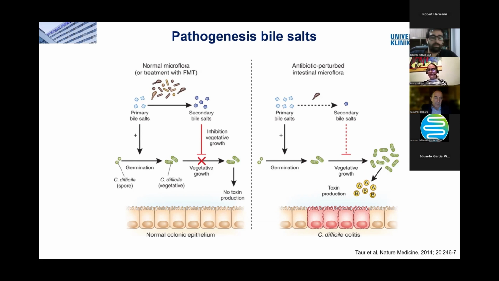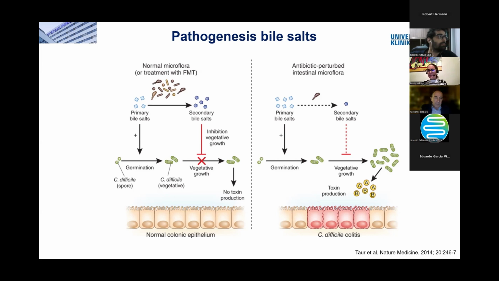So if we have an intact microbiota and we are confronted with Clostridioides difficile, we probably end up as asymptomatic carriers. But if we are faced with antibiotic exposure and our microbiota is diminished, as we can see in this picture, reduced in its diversity, then the microbiota is not able to transform the primary into the secondary bile salts very well anymore.